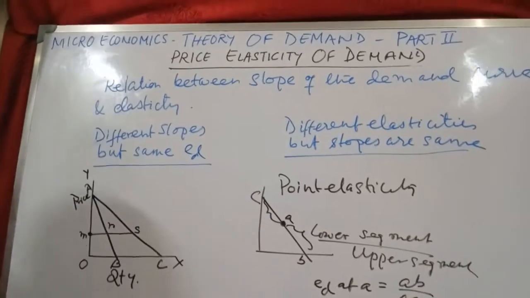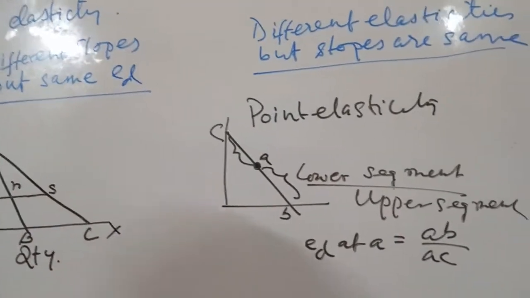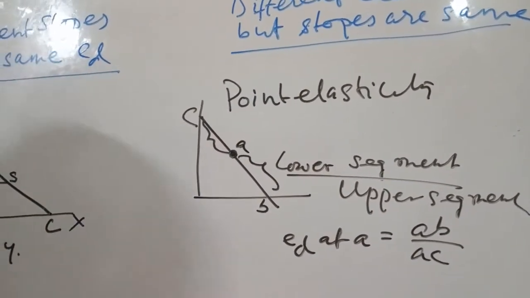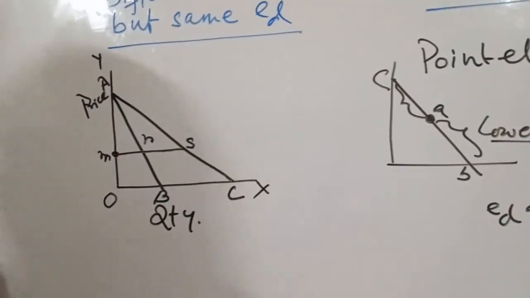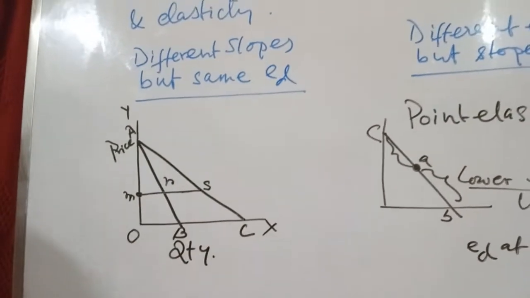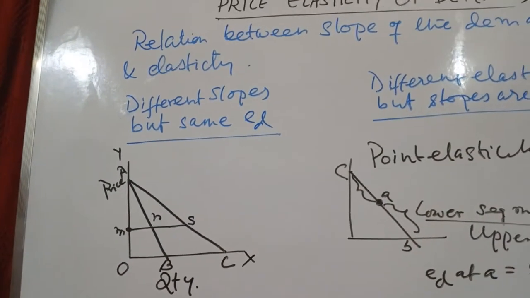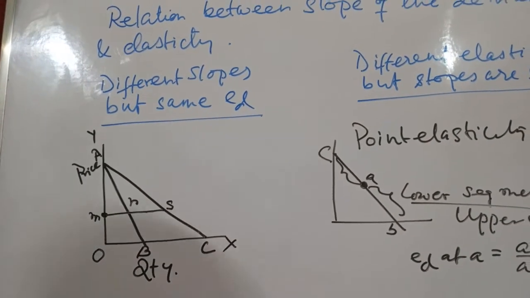In this video, it is enough to understand that point elasticity at any point on the demand curve is equal to the lower segment of the demand curve divided by the upper segment of the demand curve in the context of the particular point.